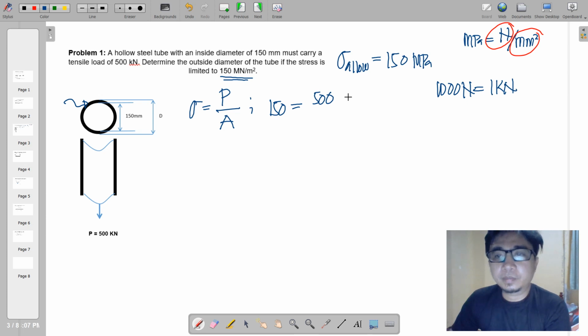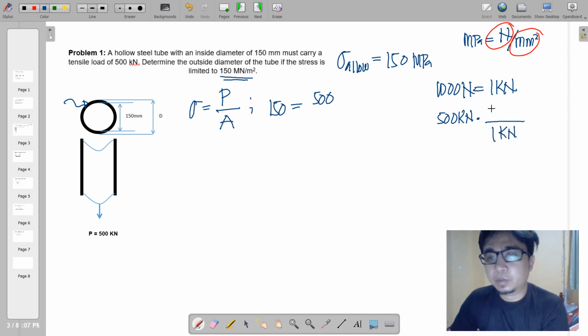So 500 here is in kilonewton. Let us apply that conversion factor, wherein 1 kilonewton is equal to 1000 newton, so that we can cancel the kilonewton units here. So we need to multiply this by 10 raised to 3, or times 1000.